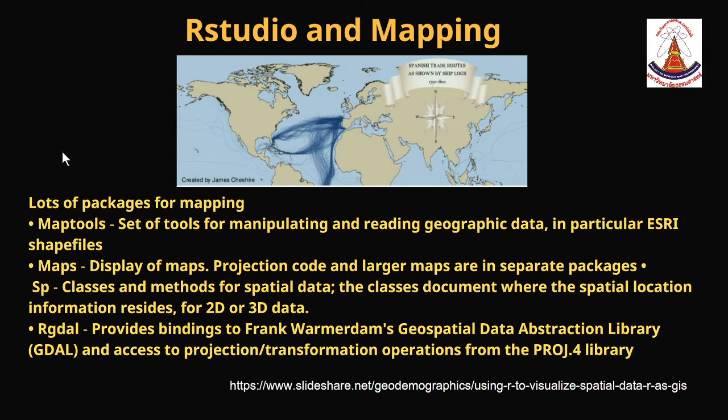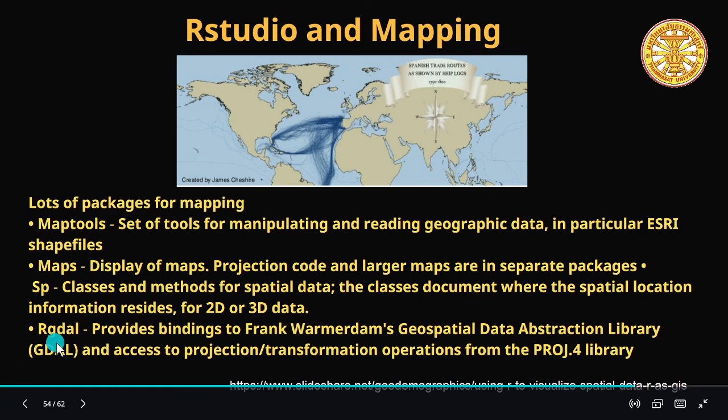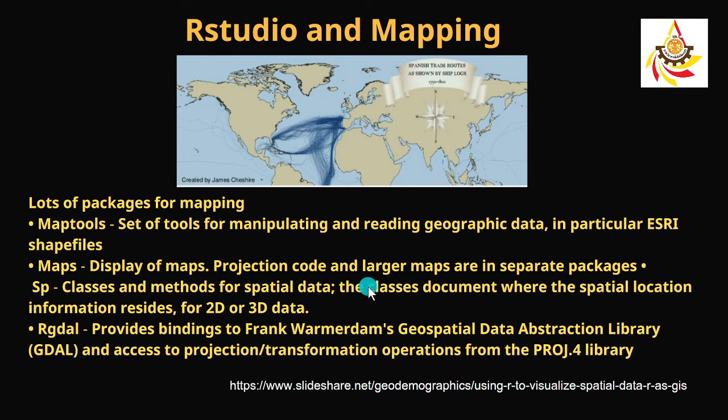In RStudio, not only tmap and ggplot, there are a lot of other packages used for GIS mapping like maptools, maps, sp, and rgdal. You can search the internet to learn more about how to use those packages.